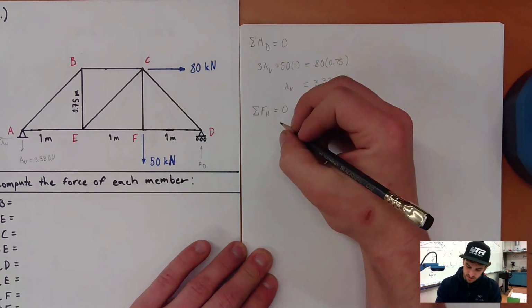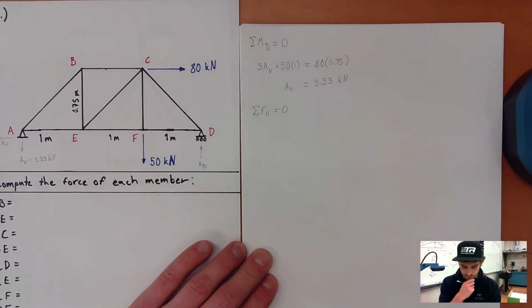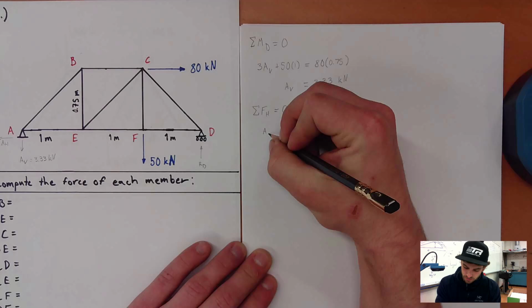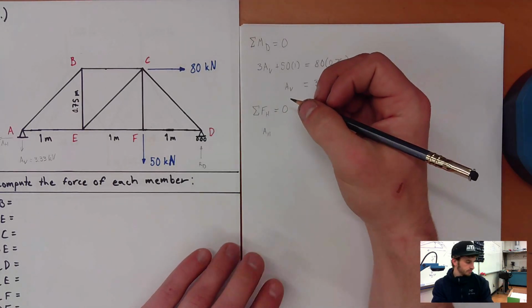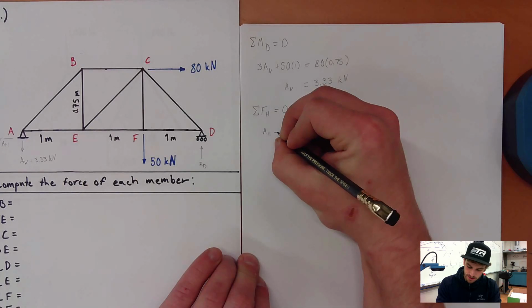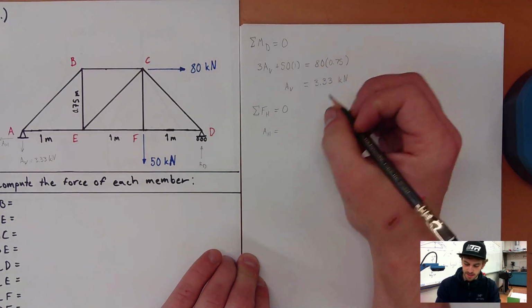So that gives us AH is equal to 80 kilonewtons.